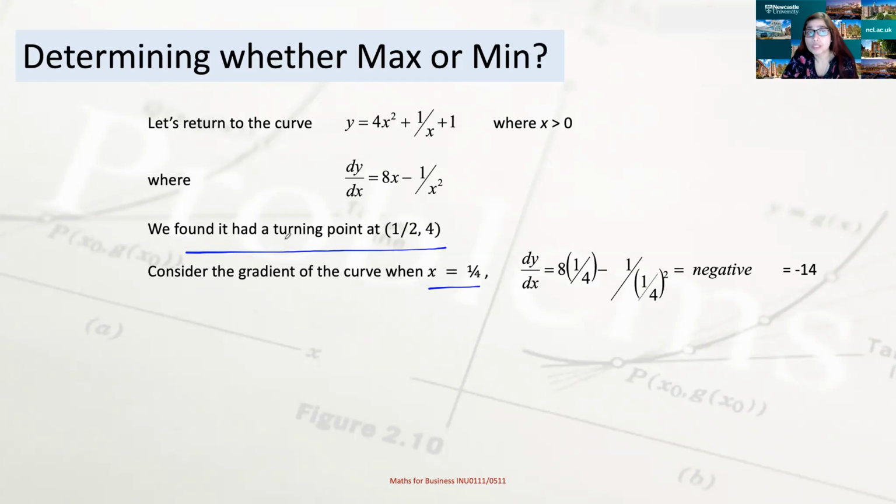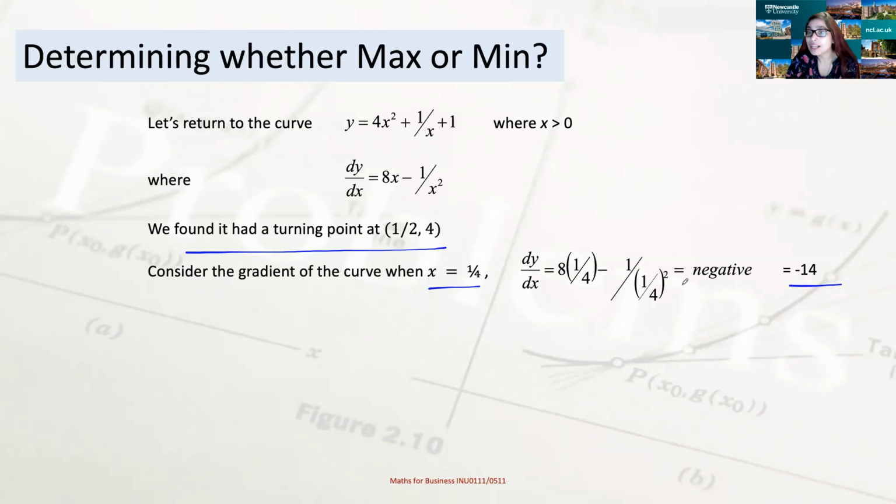For this curve you don't know whether it is a maximum or a minimum, so you just randomly take a point. You have taken 1/4 here, and substituting it gives -14.